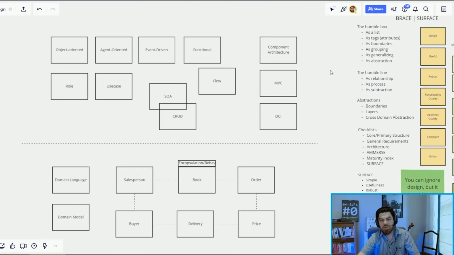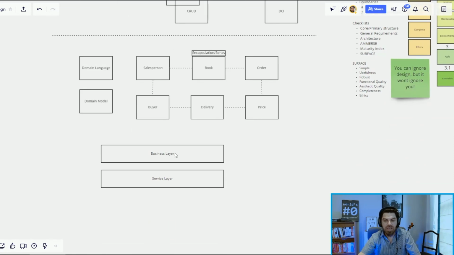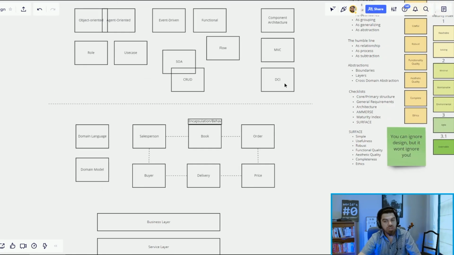And so without experience in these kinds of things, not understanding object-oriented, for example, or agent-oriented, or the mixture between them, understanding the boundaries, not understanding the business layer or layered architecture or DCI, how can we really reason about a system we're building? So as you start your design journey, you might be looking at design patterns and architectures, and these are all great. You might even look at a cloud platform, and it comes with components and dependencies.